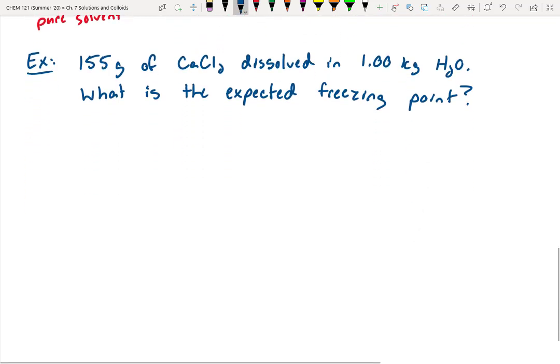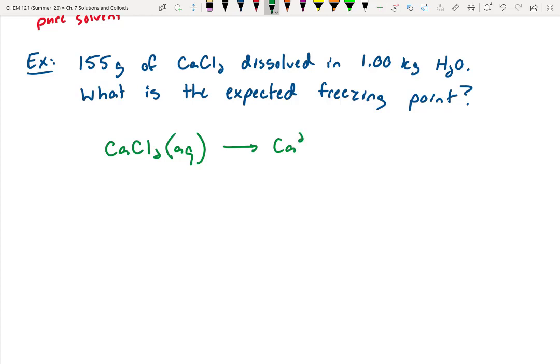Okay, so let's break this down and think about the overall chemical equation. If we have calcium chloride in an aqueous solution, it will dissociate. Specifically, it'll dissociate into calcium 2+ cation, and then each of the chlorines will be dissolved as chloride. So I'm going to draw this a little bit differently, but we're going to get 2 of these, right?